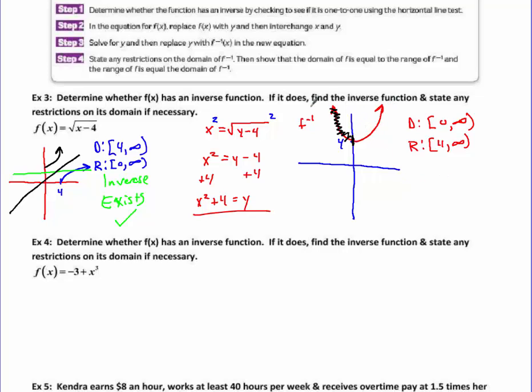So what we say here is the inverse of f of x equals x squared plus 4 for x greater than or equal to 0.